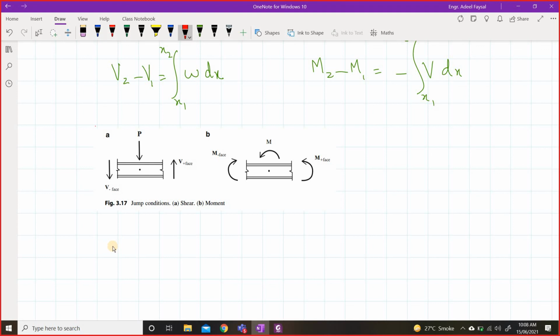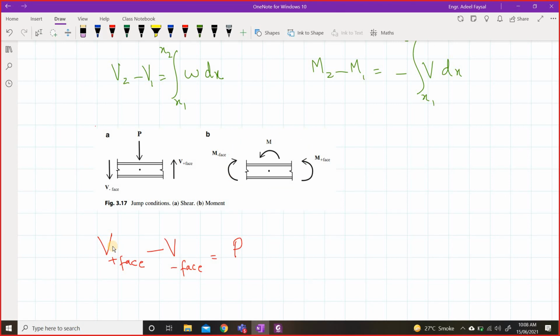V on the positive face minus V on the negative face equals P. Now keep in mind that we are considering P downward as positive. A downward value will be considered positive and an upward value will be considered negative. We expect that loads are usually applied downward, so we consider the downward value positive.